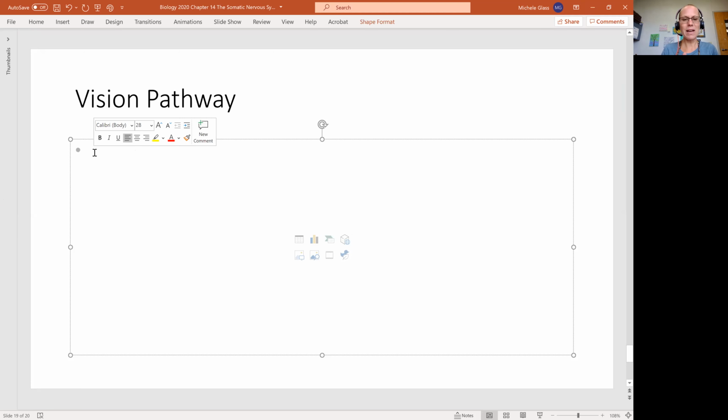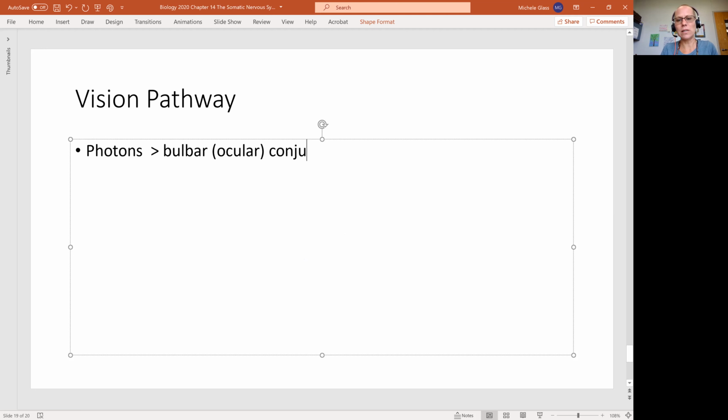So when we talk about light, what we're really talking about is a particle of light. Now we see that light acts as both a wave and a particle, and we call this individual unit of light a photon. So photons are going to begin by penetrating that bulbar, or what we can call ocular conjunctiva.